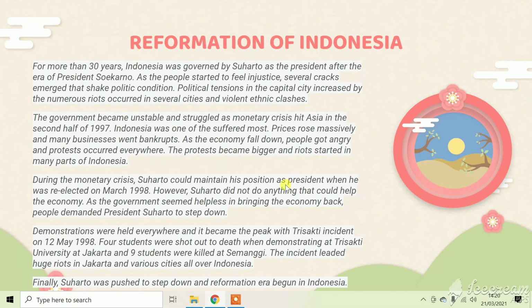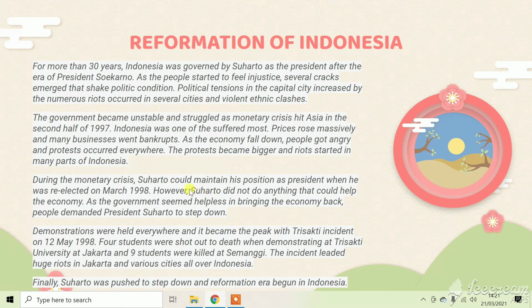And also we have to use capitalization and punctuation well in the text, like Suharto here, written with a capital letter, because Suharto is the name of someone. And President Sukarno also uses a capital letter here. The government, because it is the first sentence in the paragraph, we have to use a capital letter.